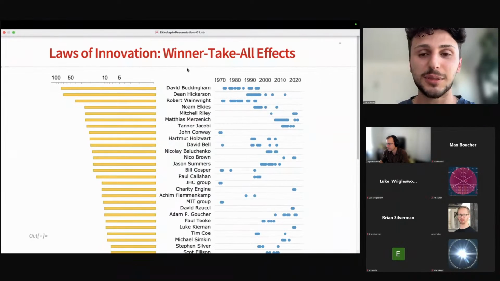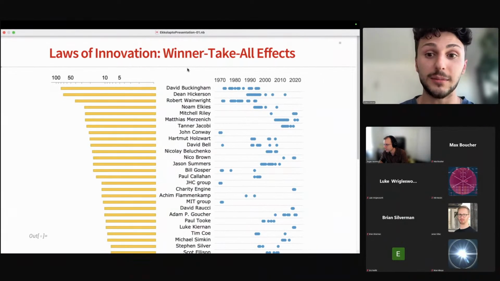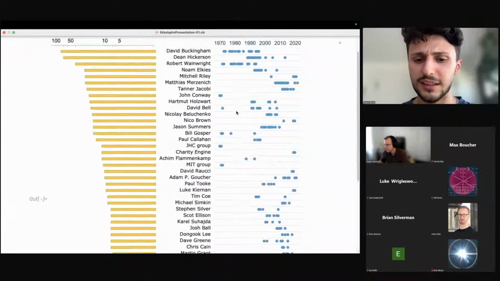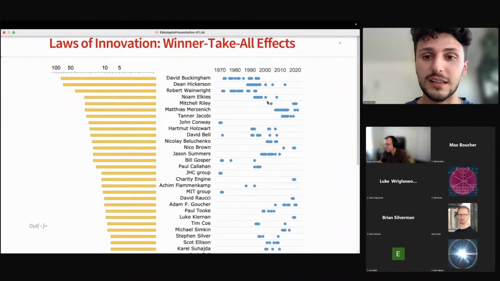That's a potential reason, or just the way I think about it. And we can also see the activity for these discoveries. Similar to the waves of activity plot before, different people have different eras where they are making discoveries.